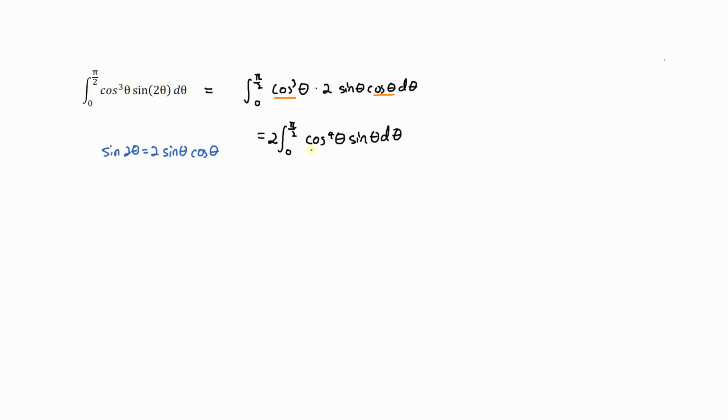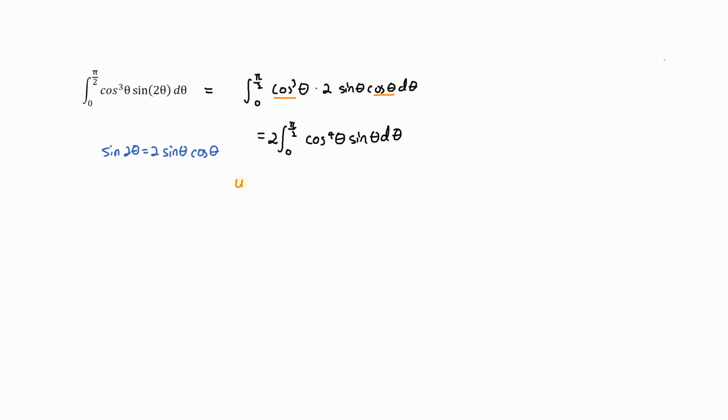Either you can say u equals cosine theta or u equals sine theta. It's much easier to choose u equals cosine theta. That's because if you take the derivative, you're going to get the sine theta d theta form.